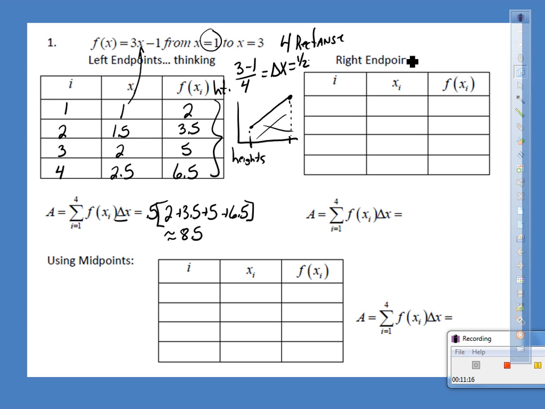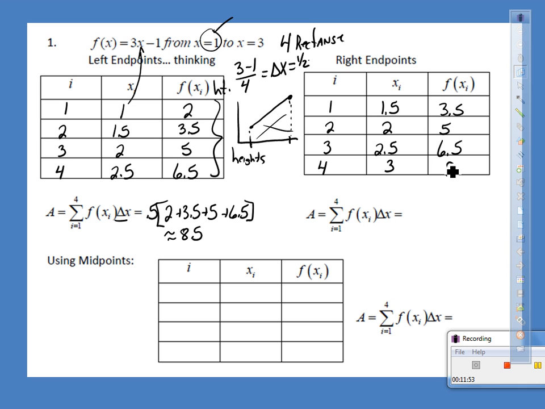If you think about the right endpoints, I'm still going to use 4 rectangles. If I'm looking at the right endpoints, remember the 1 doesn't get to come out and play this time. So I need to run a 1.5 through the equation, then a 2, a 2.5, and a 3. When I did that, I got 3.5, 5, 6.5, and 8.